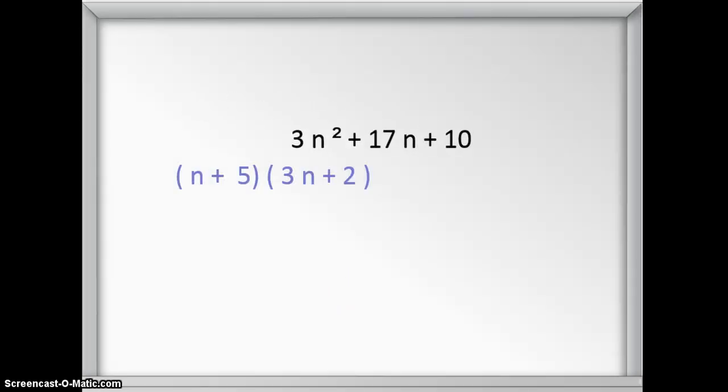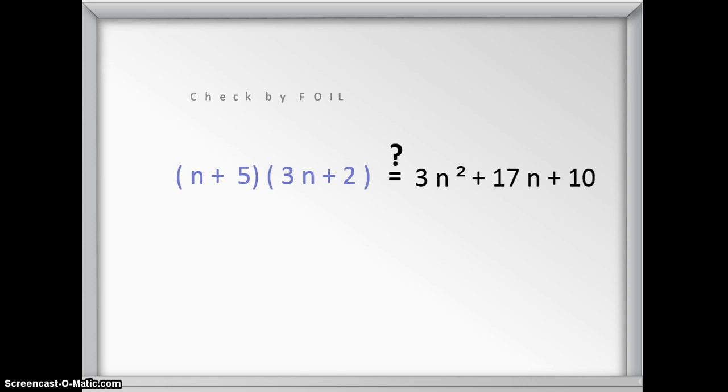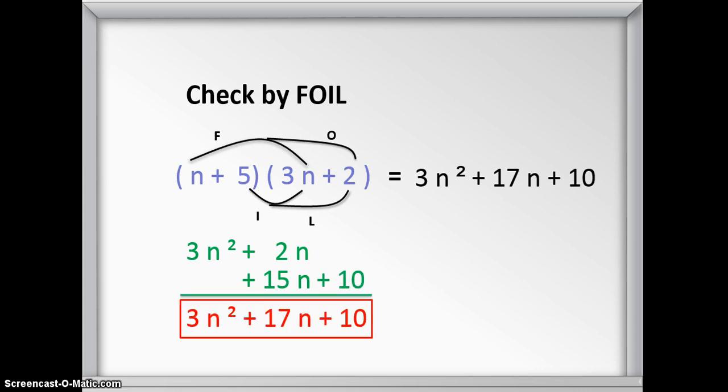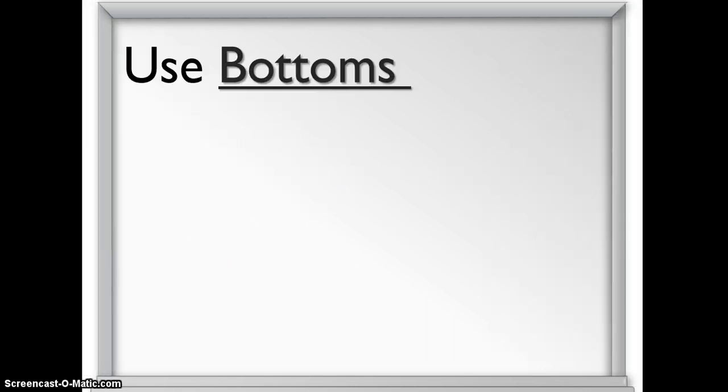Then you can do the same thing that we did before, which was check by using FOIL. When you multiply this out, everything comes out correctly, and you know that you're right.